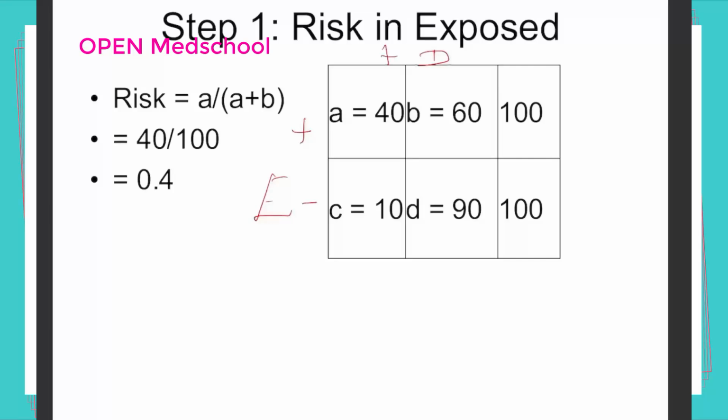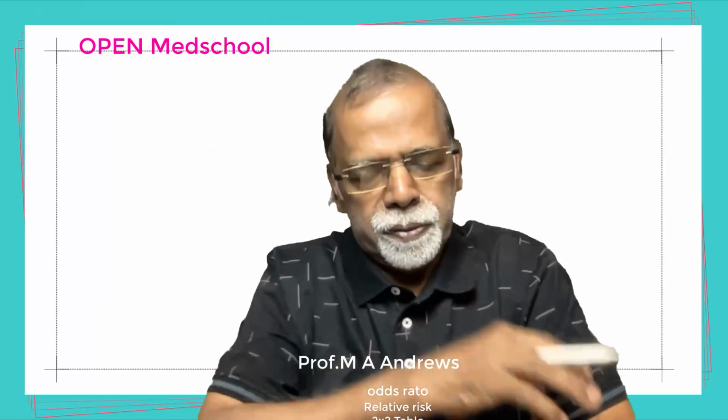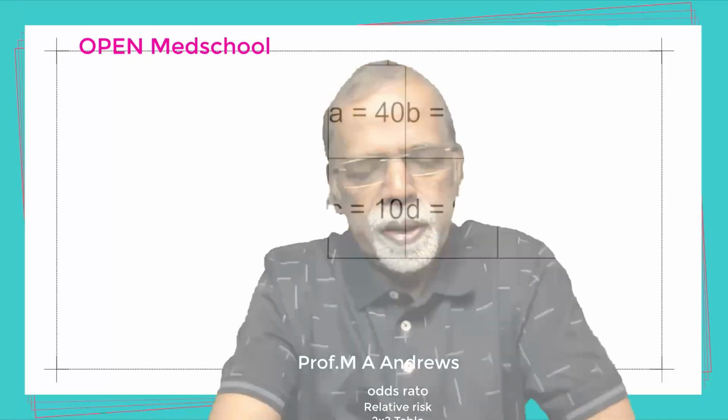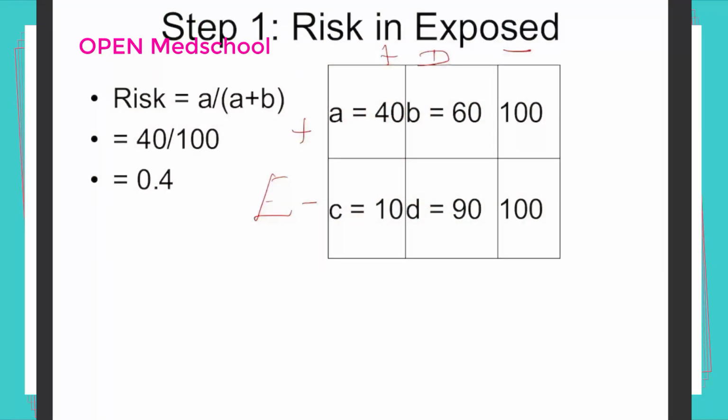Disease present, disease absent. So here we are calculating the relative risk. So relative risk is calculated by A divided by A plus B.